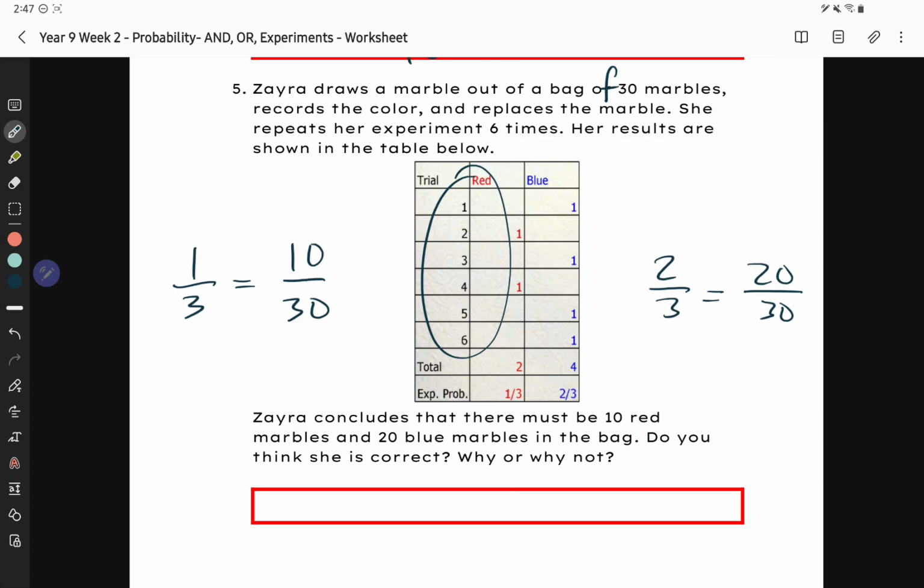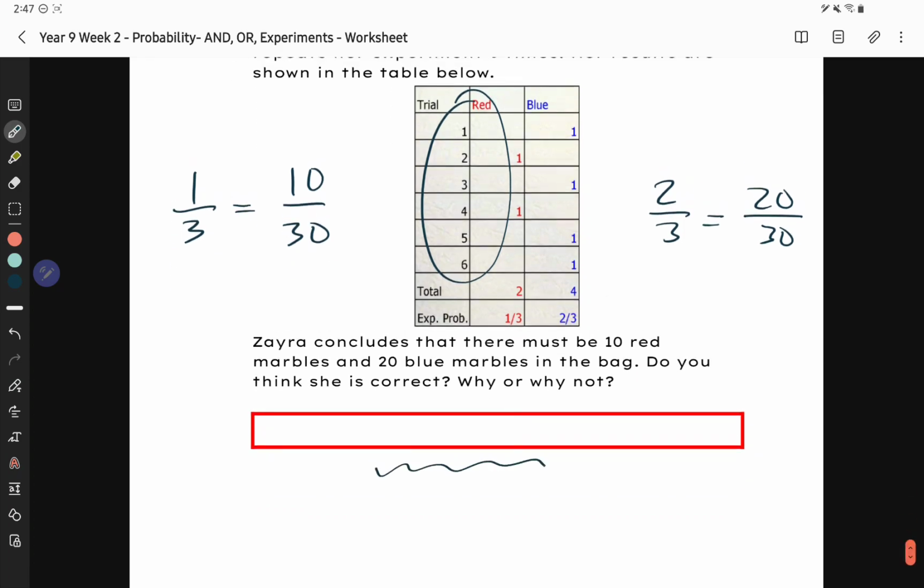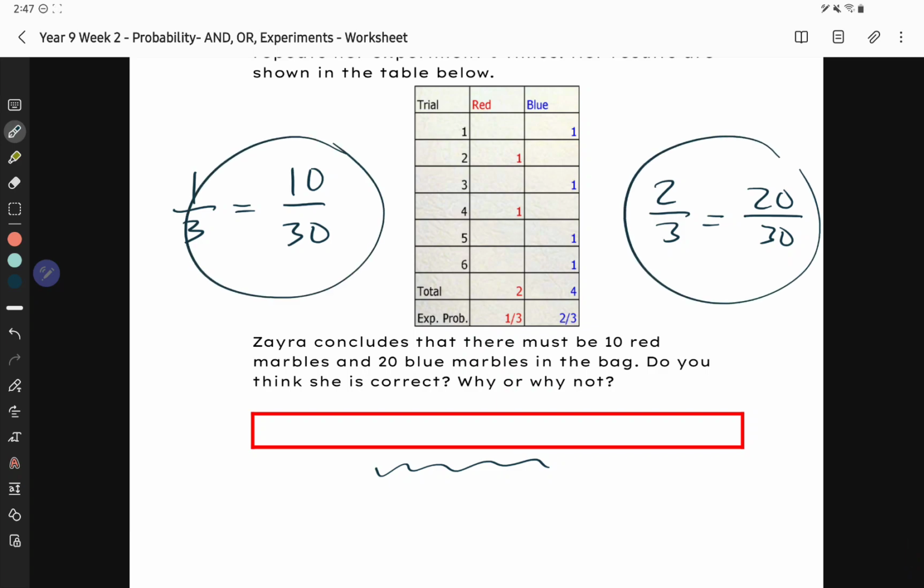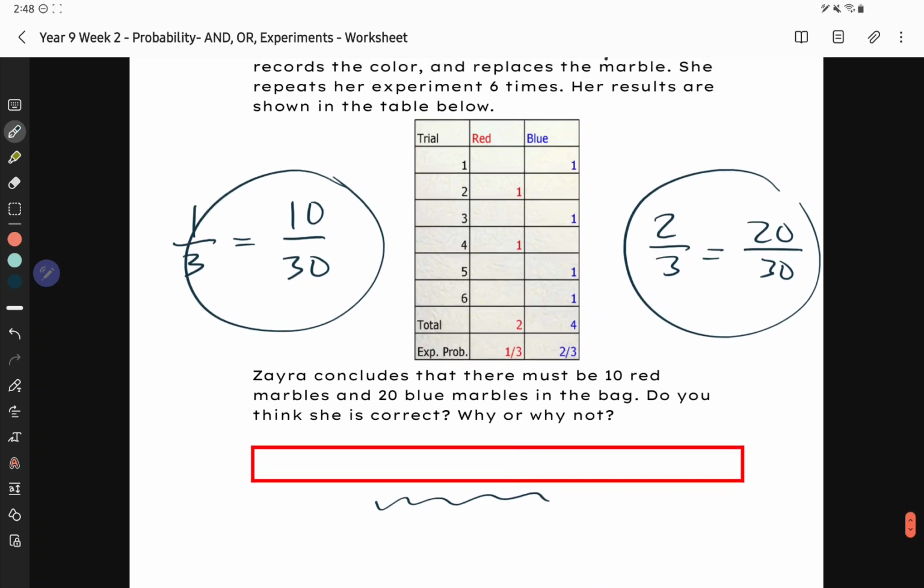We should do this more times. I'm not going to write all this up, but we say the proportion seems about right so far. However, we need more trials to be more confident in what we think. Who knows? There might be even other colors in here that we just haven't seen just by chance. So we don't even know if it's only red and blue. So we need to do it more times to be sure.